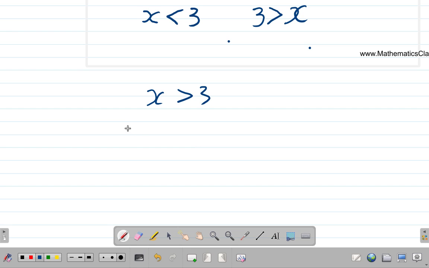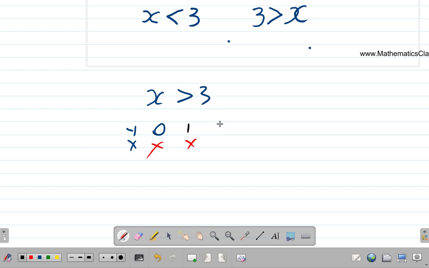You say -1, that is not in it, because -1 is less than 3 and it's supposed to be greater. 0, no way. 1, wrong. 1 is not one of the values of x, because we're looking at values of x.